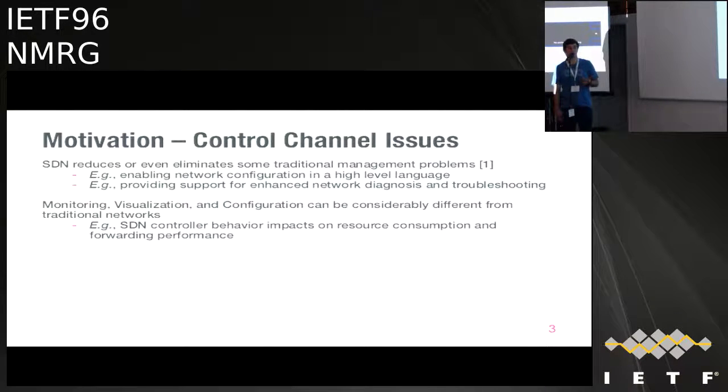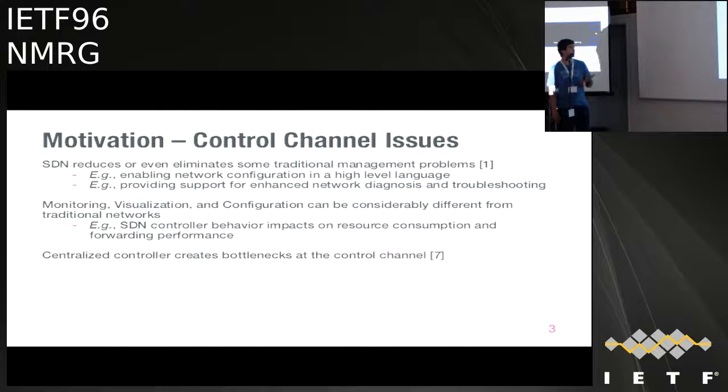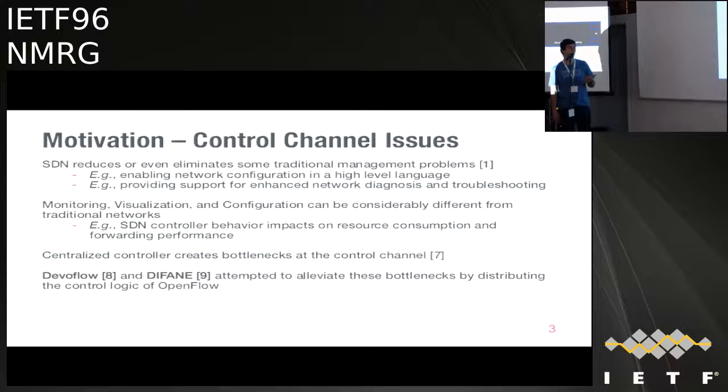And some proposals argue that a centralized controller creates bottlenecks at the control channel, and other proposals like DevoFlow and DIFANE attempted to alleviate these bottlenecks by distributing the control logic of OpenFlow, but a question remains of how OpenFlow control messages can be used without affecting the network performance.